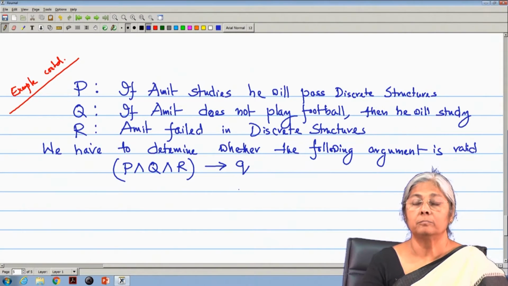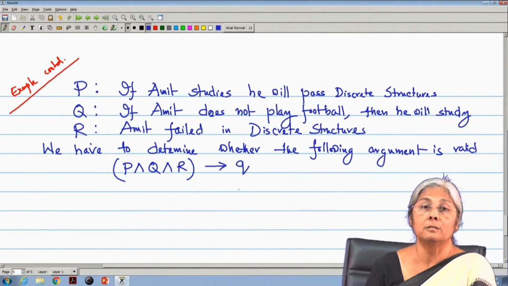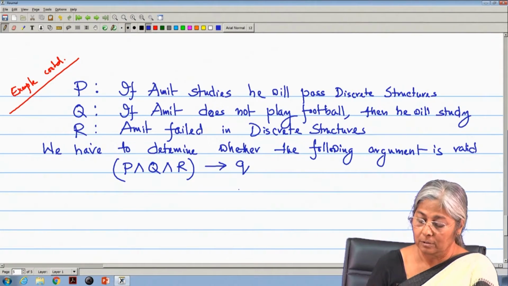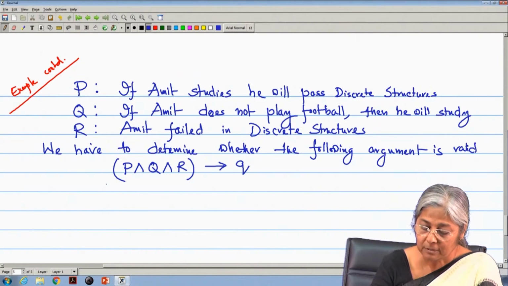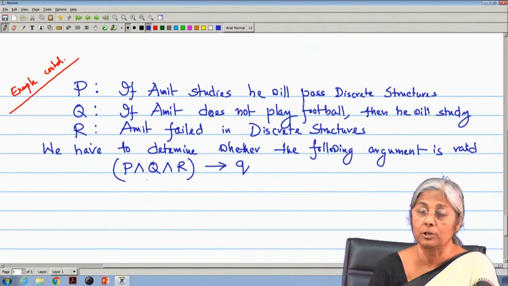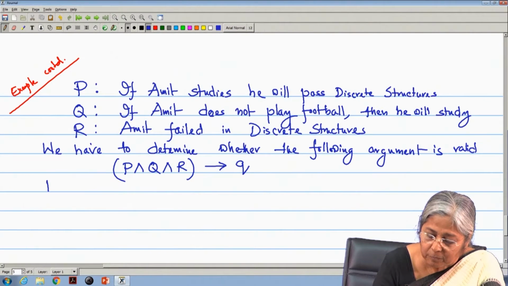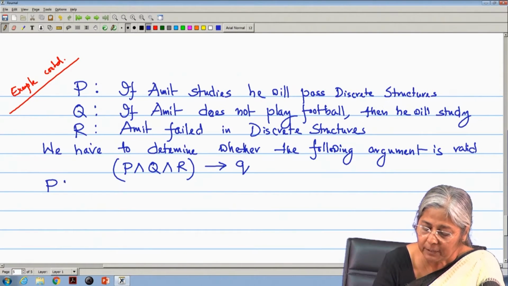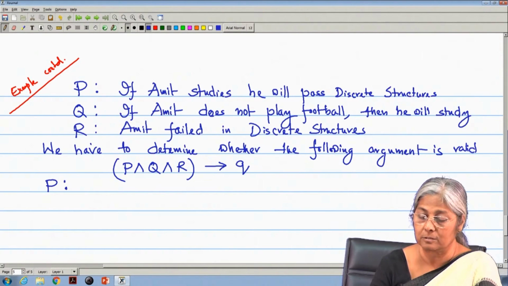Now, last lecture we have learned the substitution law. So, we can apply the substitution laws here. Before that, we write the compound propositions in terms of our primitive statements. What is P? P is, if Amit studies, he will pass discrete structures.